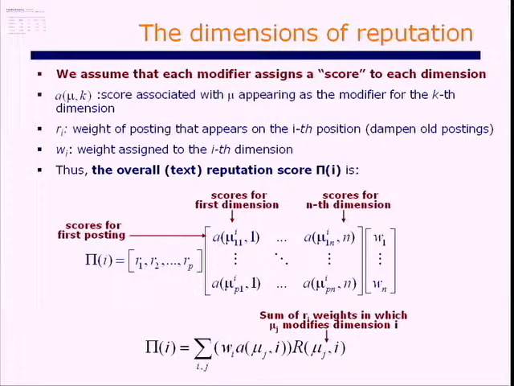And so what we estimate will end up being a mixture of the true score associated with having a particular word modify a particular dimension and the weights themselves. And so given a set of scores associated with a particular dimension modifier pair and a set of weights associated with a particular buyer, what this captures is the premium that that buyer is willing to pay a seller.